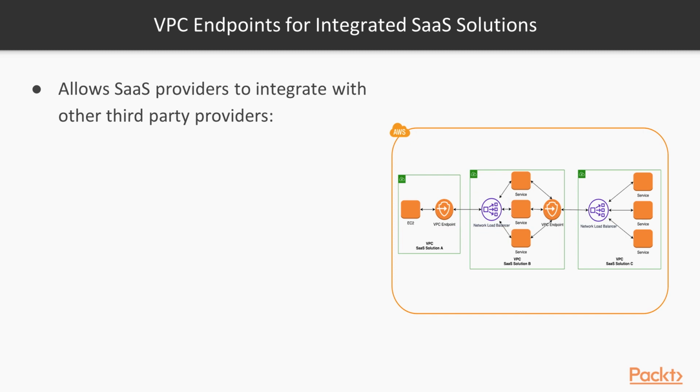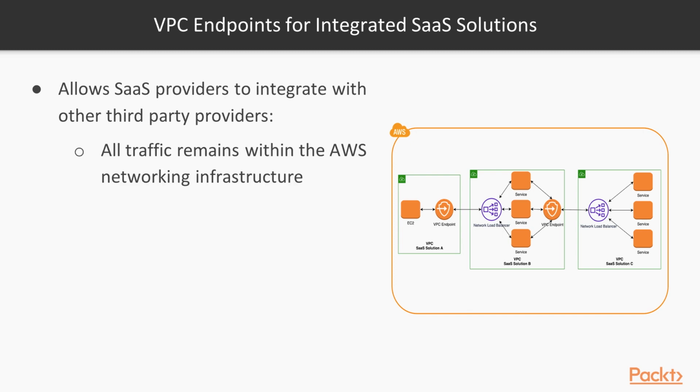But maybe SaaS solution B also incorporates SaaS solution C. And so they do the same thing. SaaS solution B uses a VPC endpoint to integrate with SaaS solution C. So all of this is, once again, within the AWS network. All traffic remains within the AWS networking infrastructure.